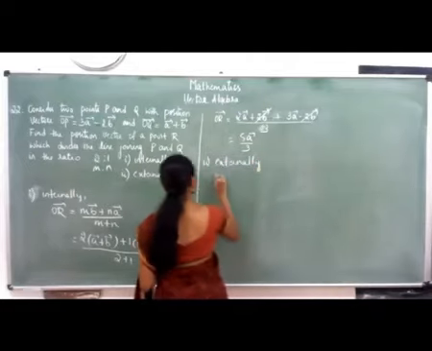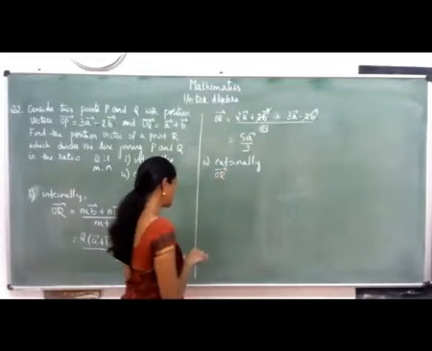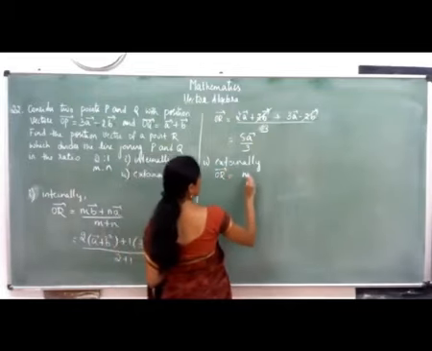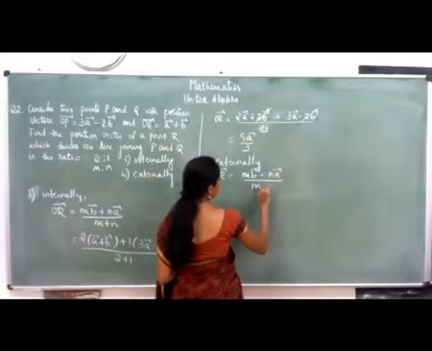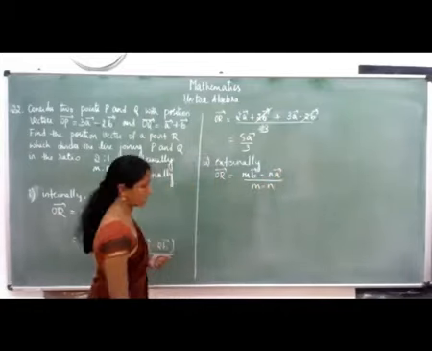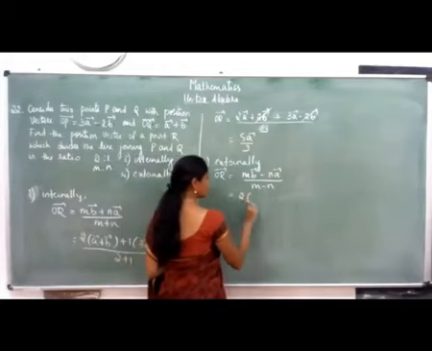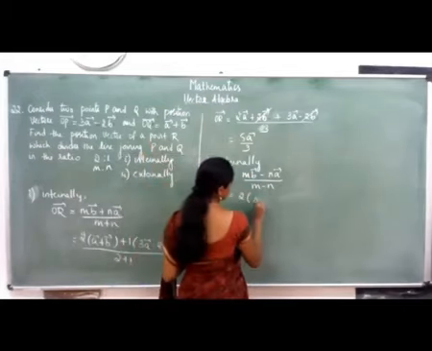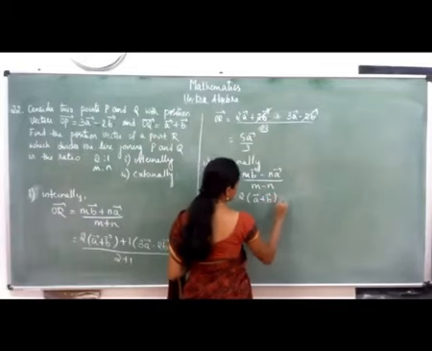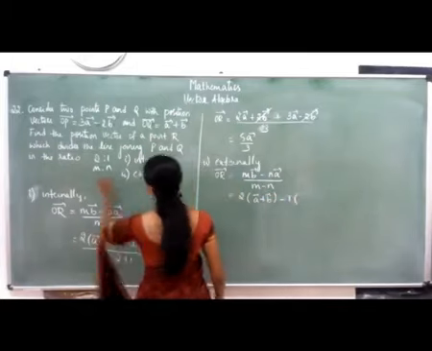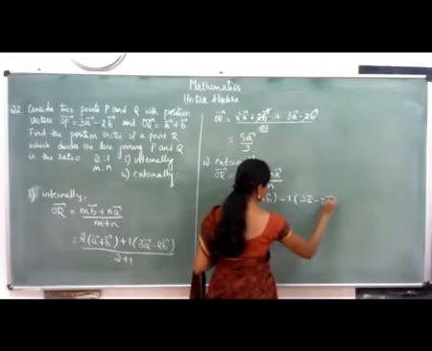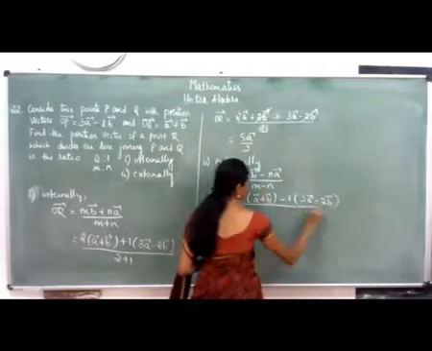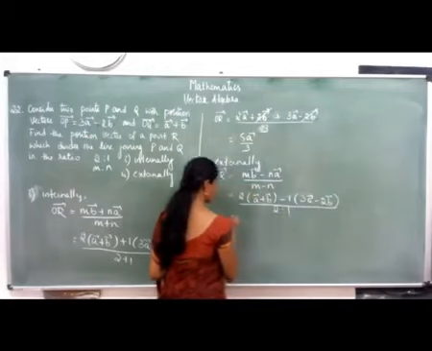So what is the position vector OR given here? It is given as m into vector B minus n into vector A, divided by m minus n. So this is equal to 2 times vector B, minus n, which is 1, times vector A, divided by 2 minus 1.